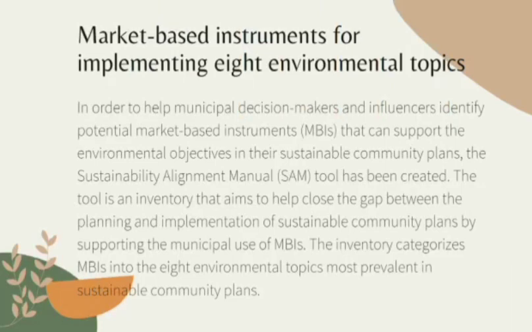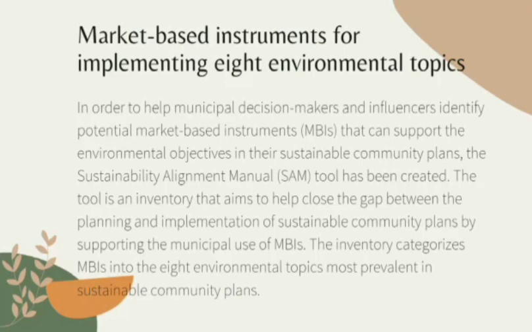Market-based instruments for implementing 8 environmental topics. In order to help municipal decision makers identify potential market-based instruments that can support the environmental objectives in their sustainable community plans, the Sustainability Alignment Manual or SAM 2 has been created. The tool is an inventory that aims to help close the gap between the planning and implementation of sustainable community plans by supporting the municipal use of MBI.